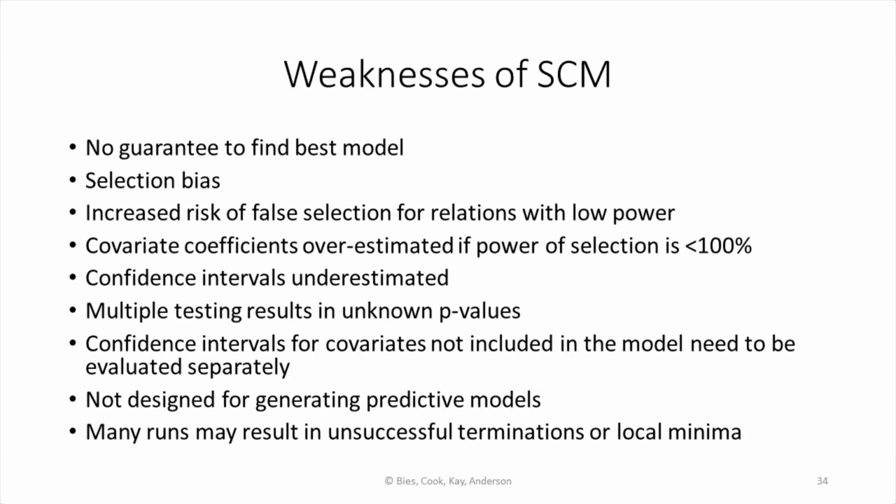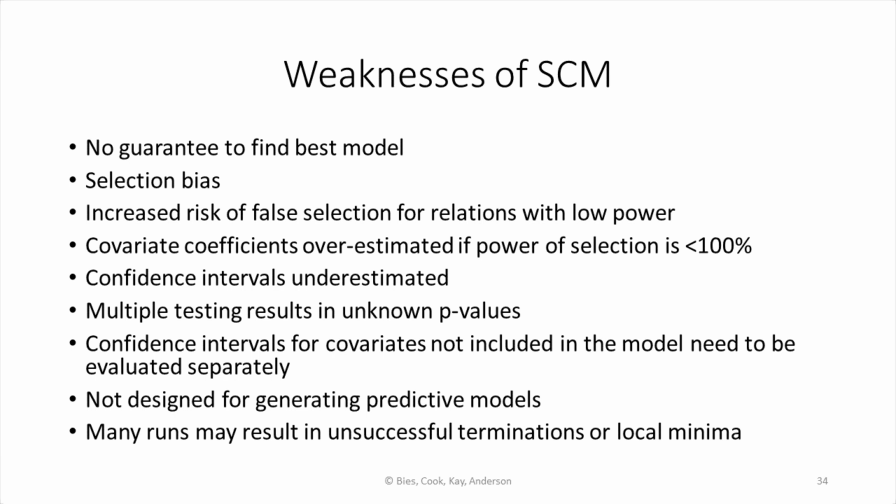There's no guarantee that you'll find the best model. There's a selection bias. There's an increased risk of false selections for relations with lower power. And if the power to detect the covariate is less than 100%, then the coefficients are generally overestimated, i.e. the impact on the parameter value. And the confidence intervals are underestimated.